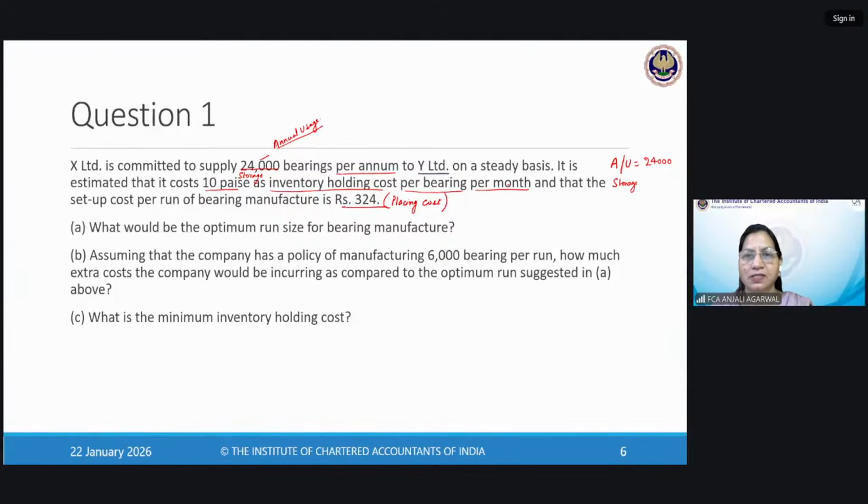But consumption is per annum and the storage cost is given per month. So if it is 10 paisa per month, how much does it become annually?